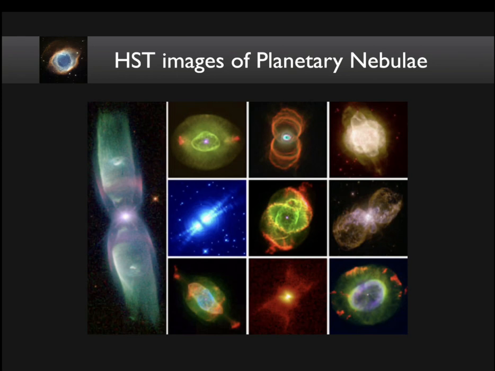You're using the part of your eye that is more sensitive to light, but it only sees in black and white. So when you're looking in low light conditions, you really don't see color very well. Anyway, you're not going to see the color, but you'll see the shapes of some of these things. And again, these are taken by the Hubble Space Telescope, so we won't see nearly this much detail.